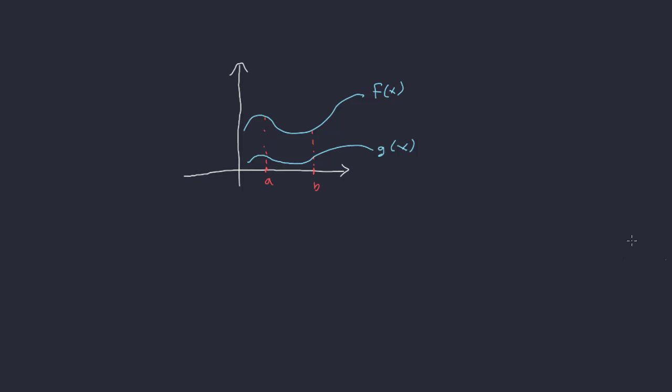Okay, so suppose that we want to revolve this region between y equals f of x and y equals g of x. So these are y equals things in terms of x, and we have this region in between here, but we want to revolve it around the y-axis.